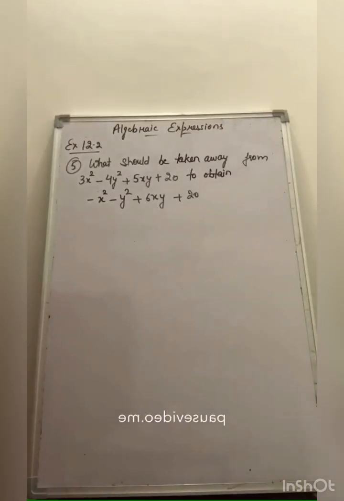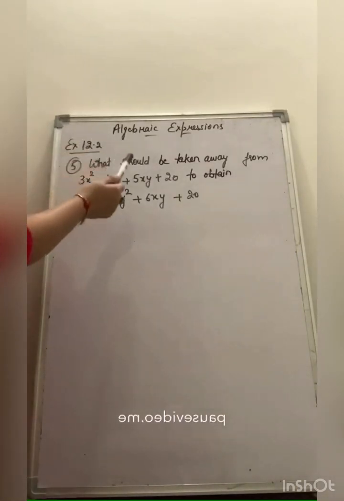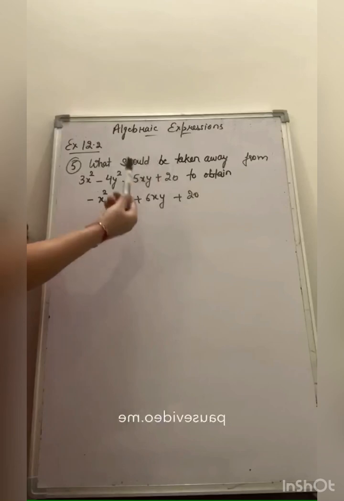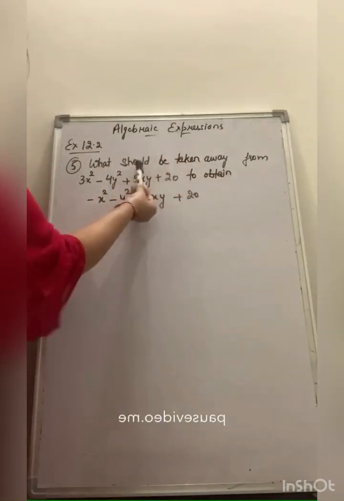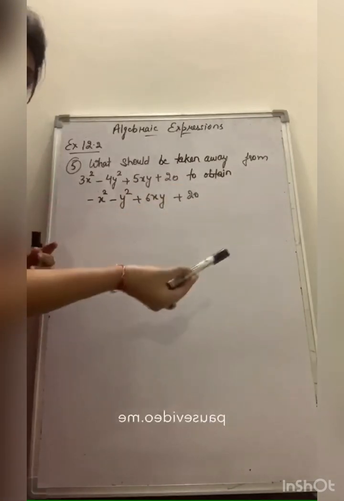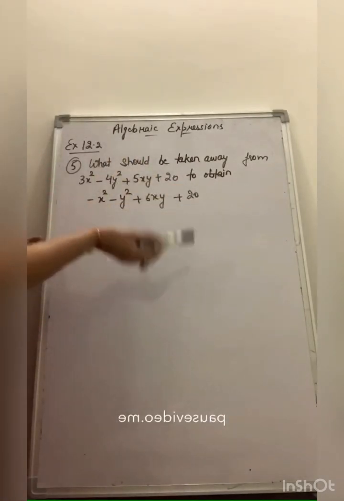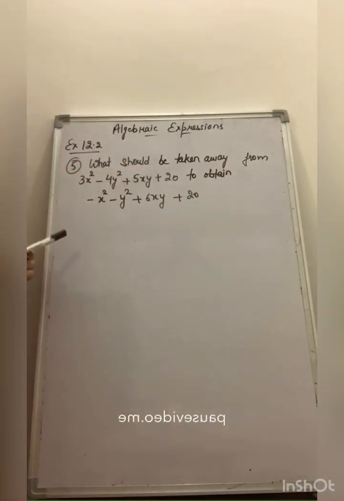And also we have discussed that if some question comes that in which what should be subtracted, what should be taken away, or what should be subtracted is one and the same thing. So when such a question comes, then which expression comes first? The first written expression comes first and the second expression is subtracted from the first expression, right?